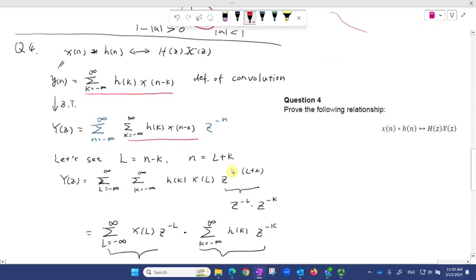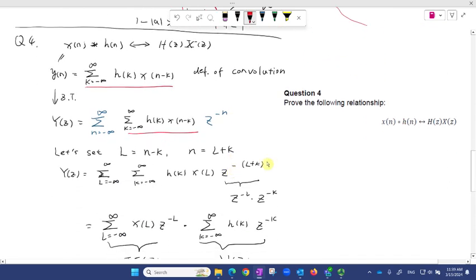All right. So for question 4, we want to prove that convolution in the time domain equals multiplication in the Z domain. We have a similar property for the Laplace transform and the Fourier transform. We want to prove that again.